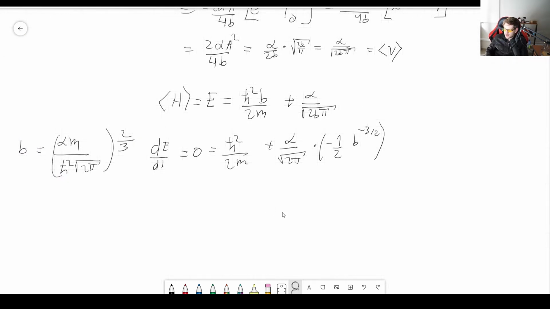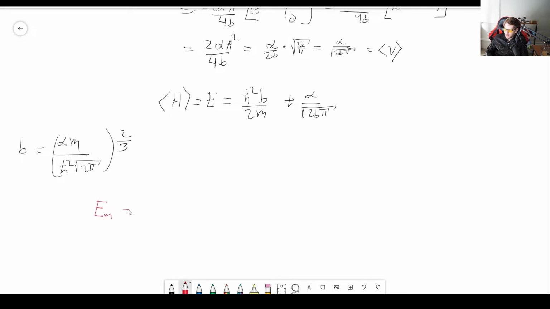Maybe get rid of this too. So we can just go ahead and plug everything in. Okay. So what is going to be the minimal energy? Let's see. So we get h bar squared over 2m, and then we just have to plug in b. So we get alpha m over h bar squared square root of 2 pi, and all of this to the 2/3 power, plus, okay, and let's plug it in here.